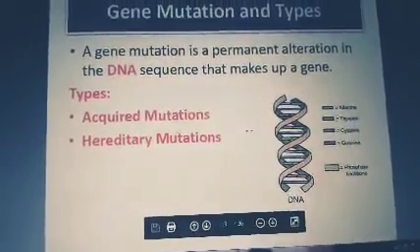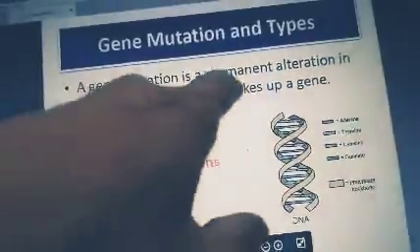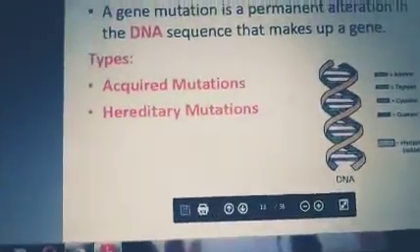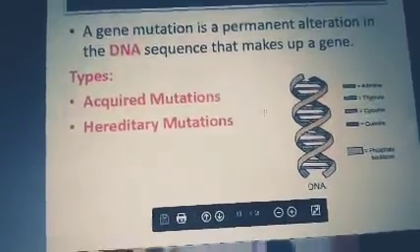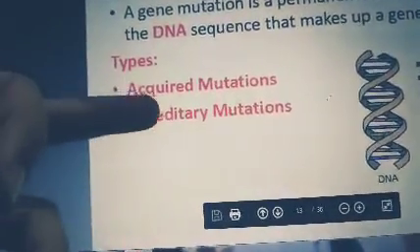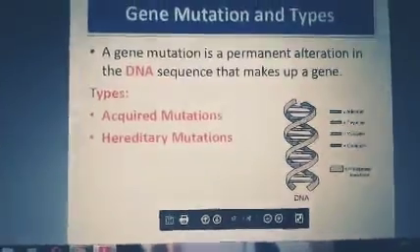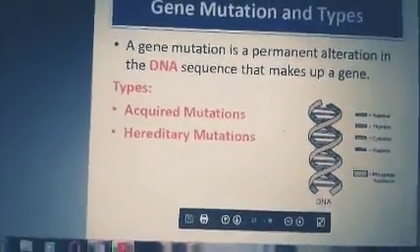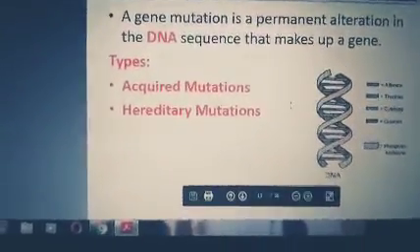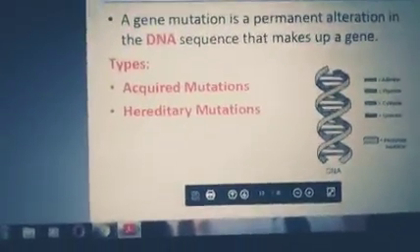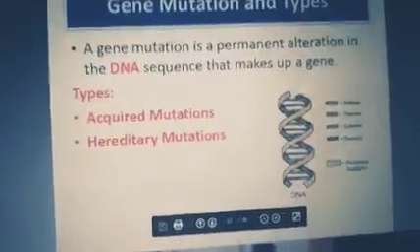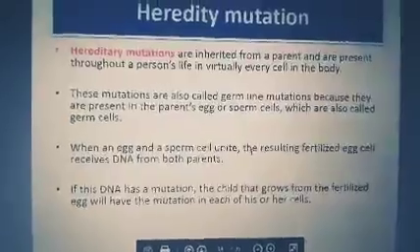Talking about gene mutations, a mutation is a permanent alteration in the DNA sequence that makes up a gene. The types could be acquired mutation or hereditary mutation. An acquired mutation occurs randomly within an organism, whereas a hereditary mutation is transferred from the parents.